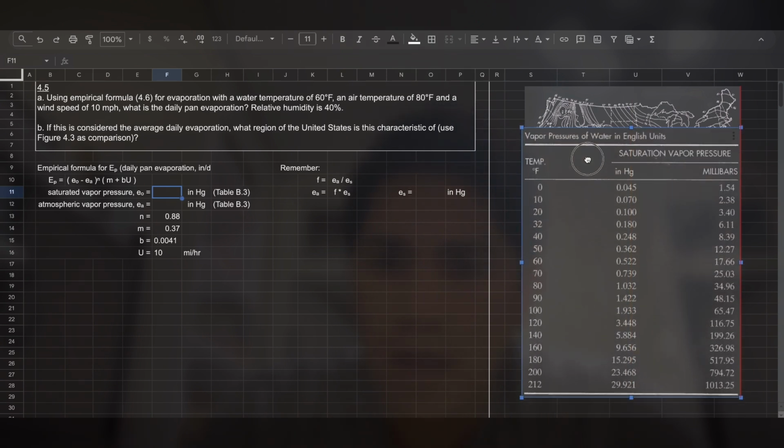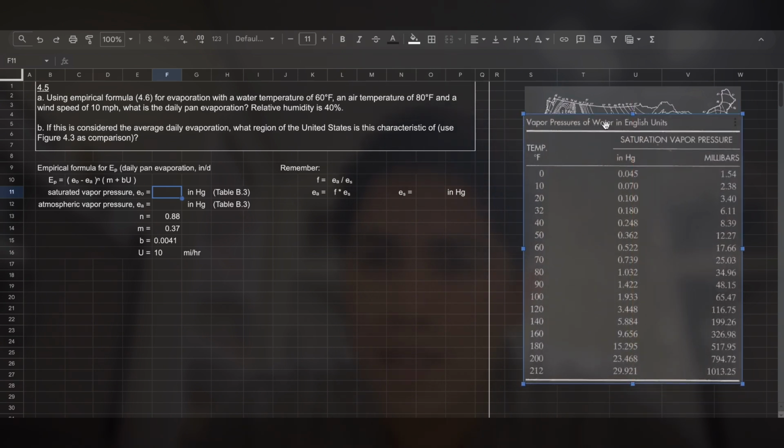So we're going to have to use the vapor pressures of water, and convert it. We are given the temperatures and we need it in inches of mercury. So for the saturated vapor pressure, we're going to use water temperature at 60 degrees Fahrenheit. So that will be 0.522 inches of mercury.